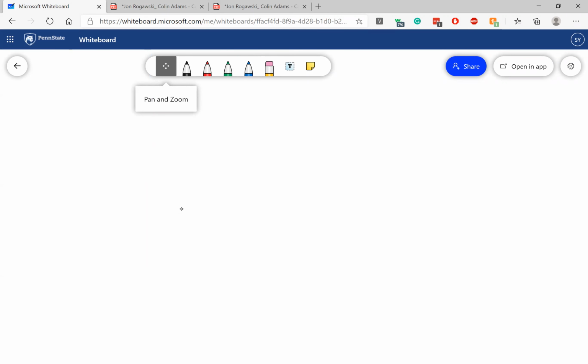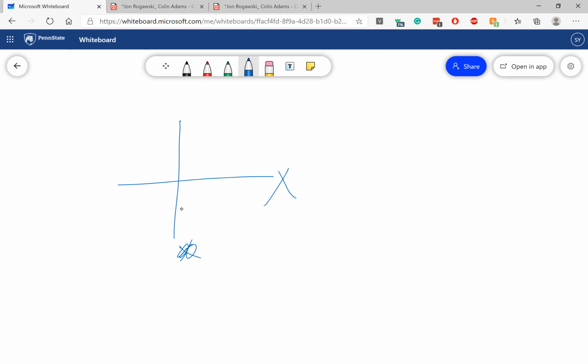Okay, so if we have our x and our y coordinate, so here's x, and here's y. Then we first can imagine these two lines, and the hyperbola will look something like this.